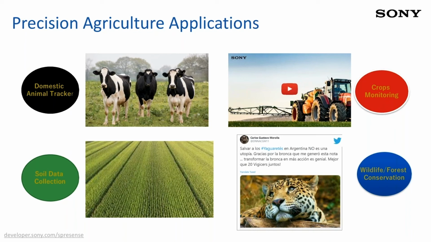I'm talking about the picture with the cows on the left side. You see cows roaming around, grazing and enjoying their life on the field, and we have done some projects to detect where the animals are located. Of course, we have GPS capability, and we also monitor the health of our animals and see if they need to be attended to, or if there is something wrong, we can take care of it.